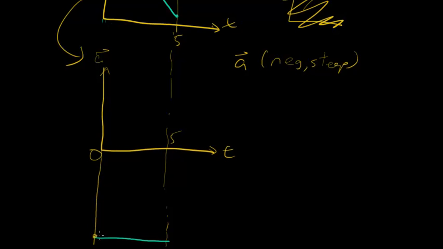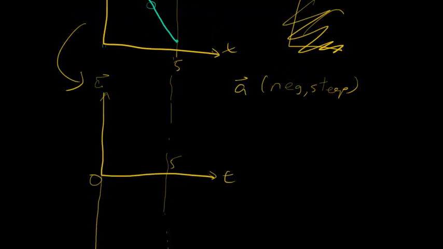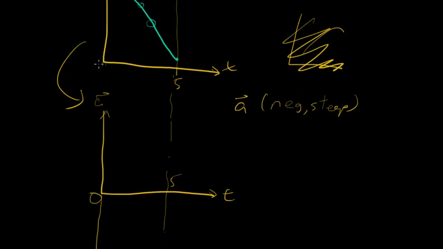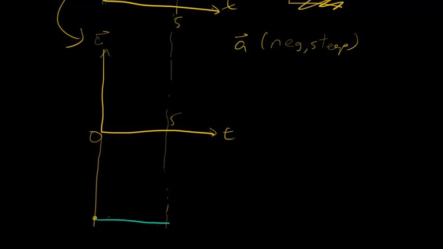So since it's constant, we just draw a horizontal line because at each point in time, the acceleration is constant. And that's how you convert a curved graph like that into ultimately an acceleration graph.